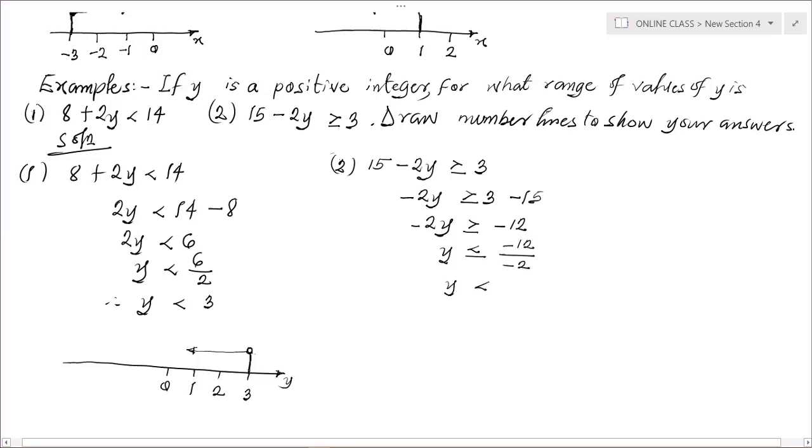Y is less than or equals to 6. So let's draw it. We have a line here. 0, 1, 2, 3, 4, 5, 6. Our y. So we have this line, then a shaded 0 on the top there. Then we join them together and put the arrow there. Is that okay?